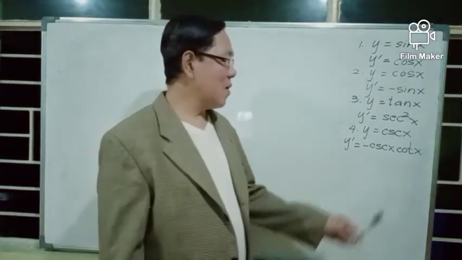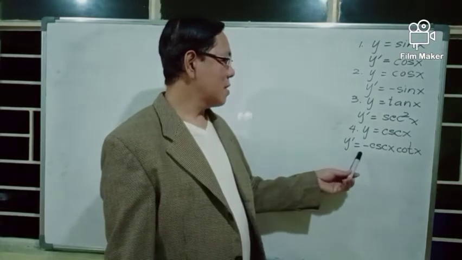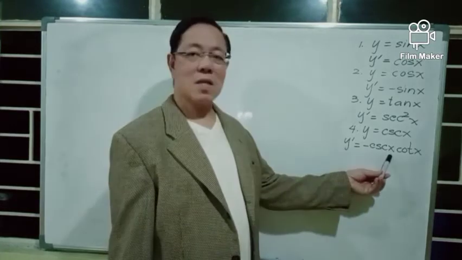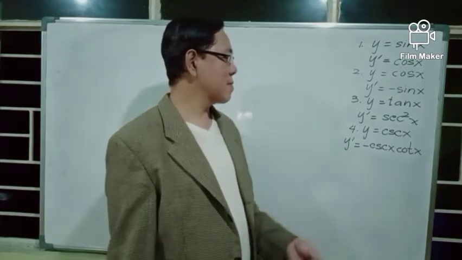The derivative of cosecant x is denoted by y prime and is equal to negative cosecant x cotangent x.